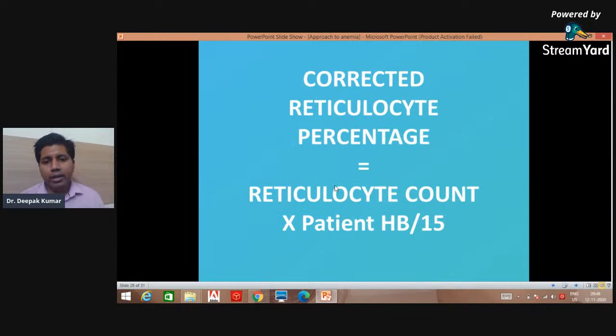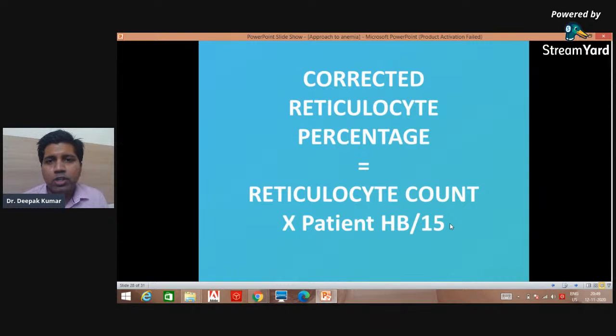And a few more things that can confuse students in some details in books. Corrected reticulocyte count also means reticulocyte production index, but it is not the same as corrected reticulocyte percentage. So what is this corrected reticulocyte percentage? You take the reticulocyte count, which is usually expressed as a percentage, and multiply it by patient's hemoglobin divided by 15.